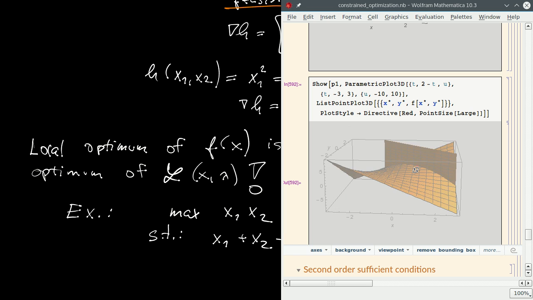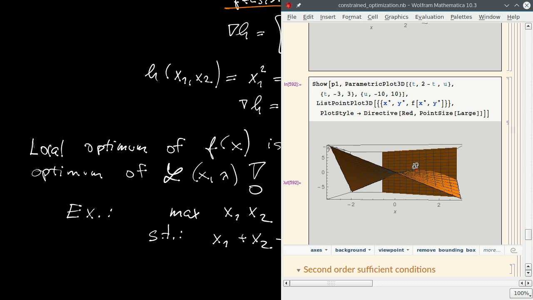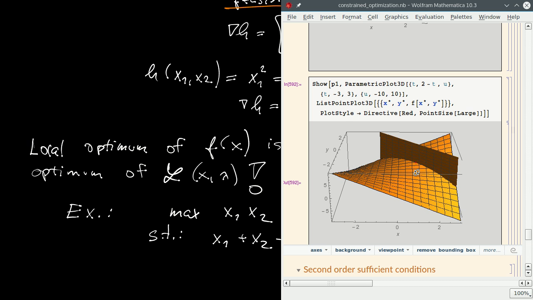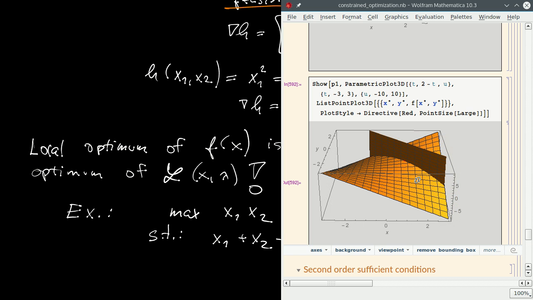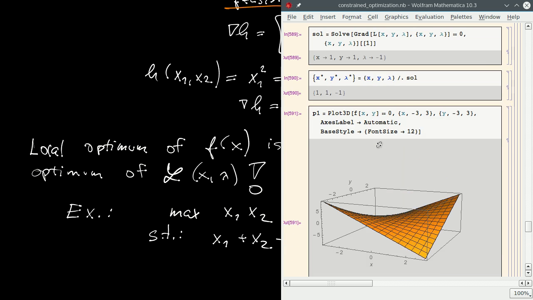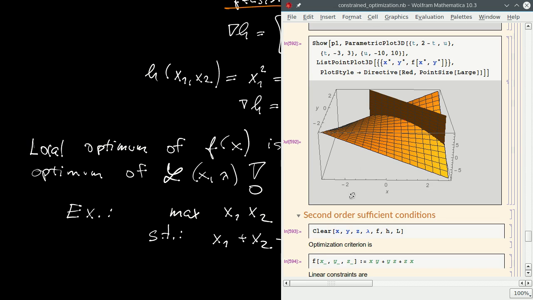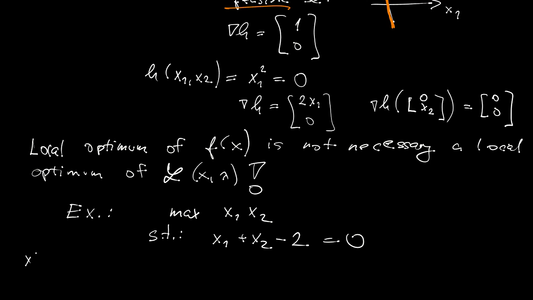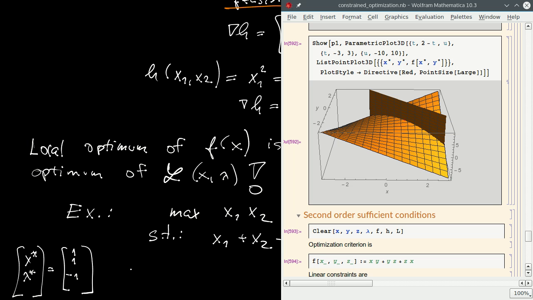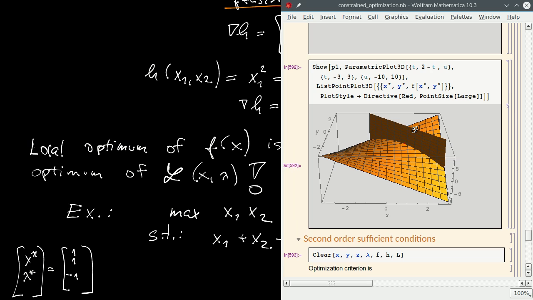Just inspecting the graph we can conclude that at the particular critical point, which is (1, 1), with multiplier minus 1, the original cost function is maximized.